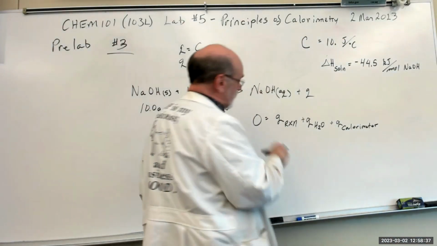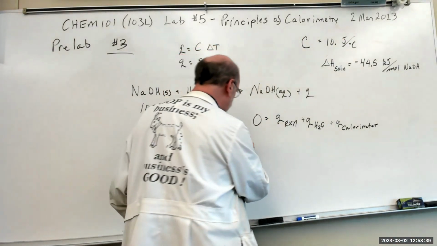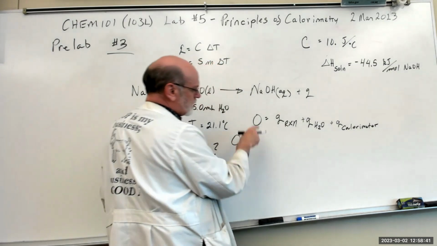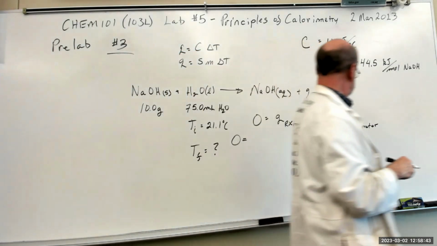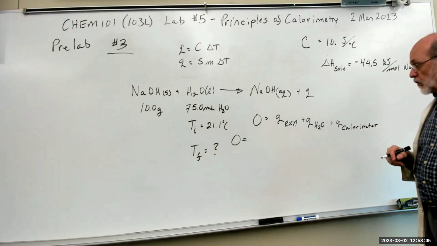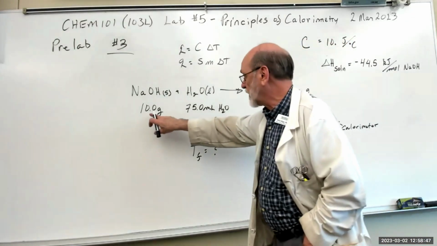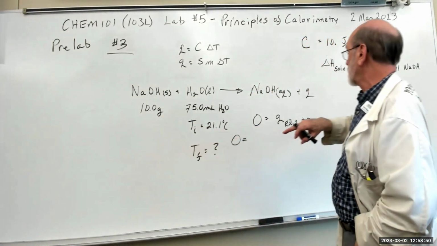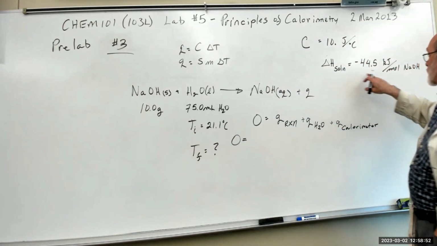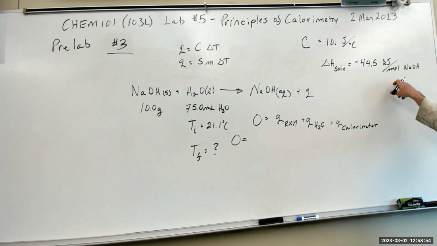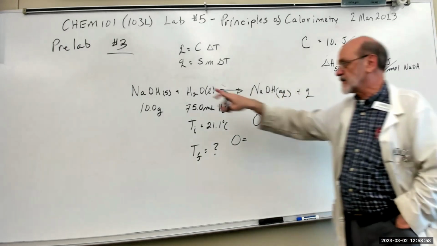So in this case, how would we write the Q for the reaction? Well, we know how many grams we're putting in solution, and we know the heat of solution, but that's per mole, and this is in grams.